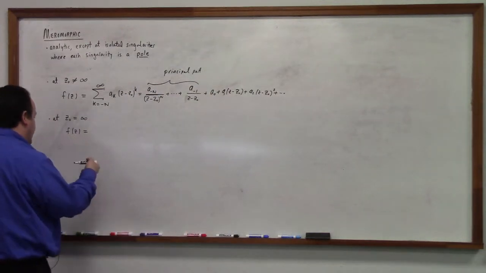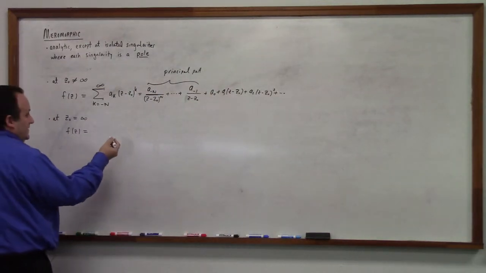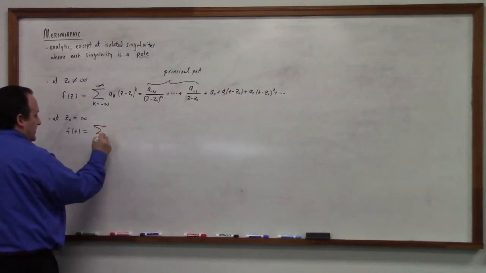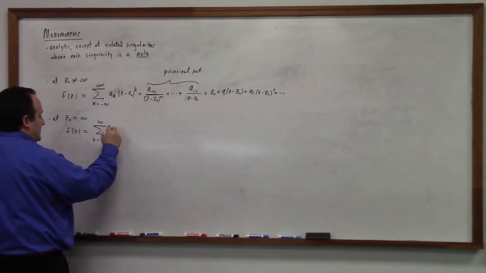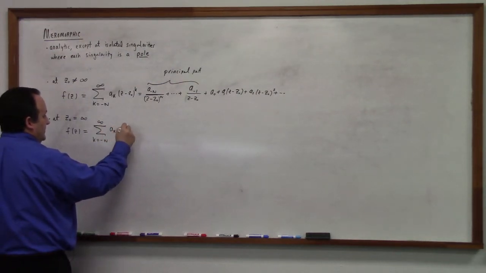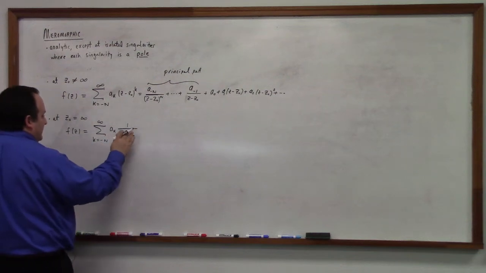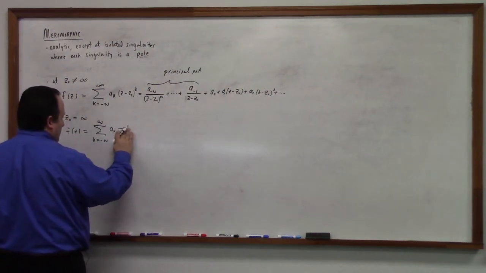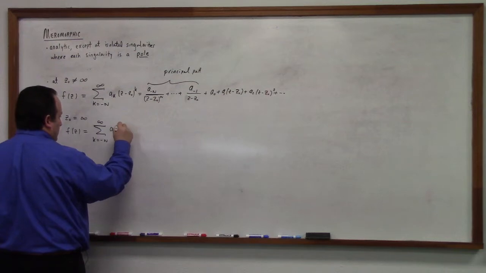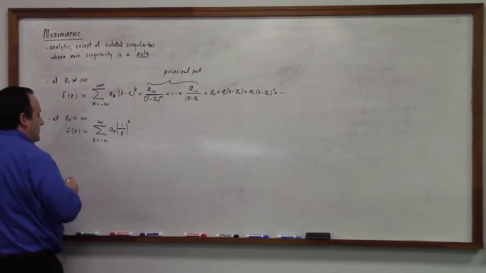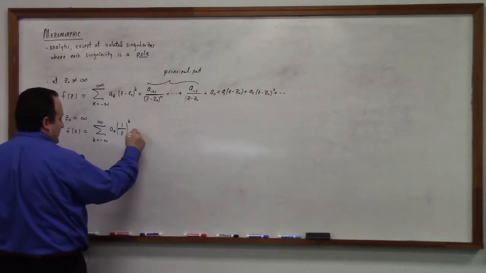What we mean by a function being meromorphic at infinity is that this formula holds, except the difference is you've got 1 over z to the k power.